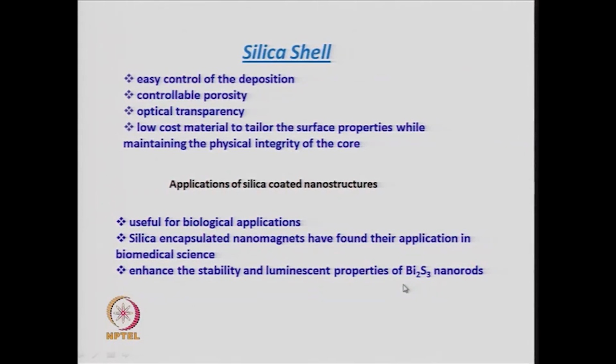These are a few of the vast number of applications that you can expect from a core shell nanostructure which has a silica shell on top of some particle. That particle can be a metal particle, it can be a semiconducting particle, or it can be an insulating particle. So, there are many examples in which silica has been coated to act as a shell.